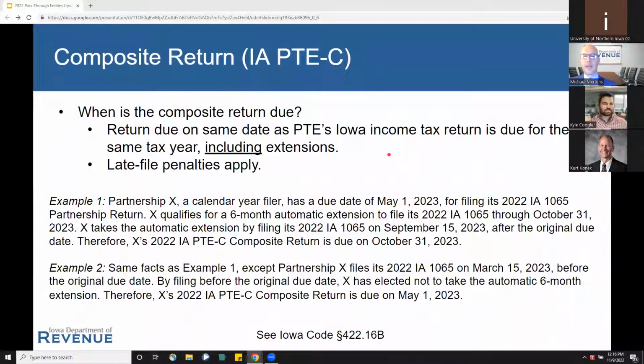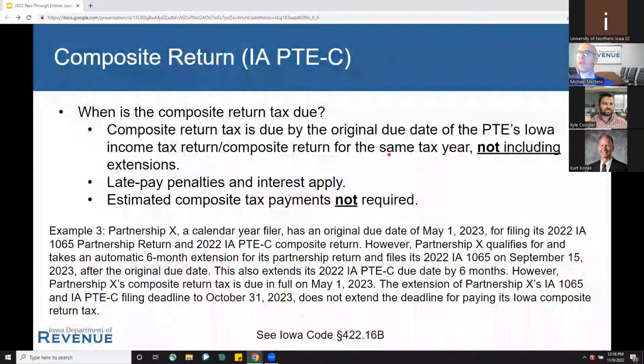So then let's talk about that composite tax due date, because the tax due date is different than the return due date. The pass-through entity's composite tax is always due by the original due date of the pass-through entity's income tax return, not including extensions.